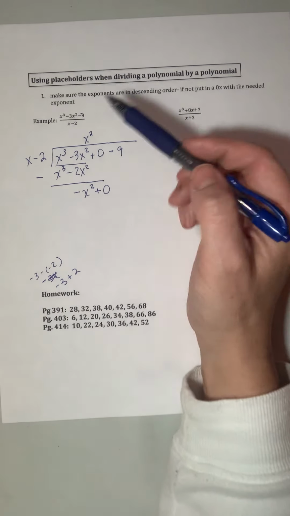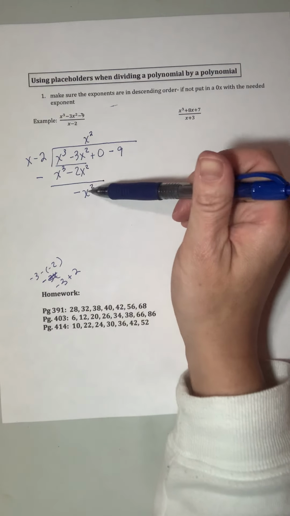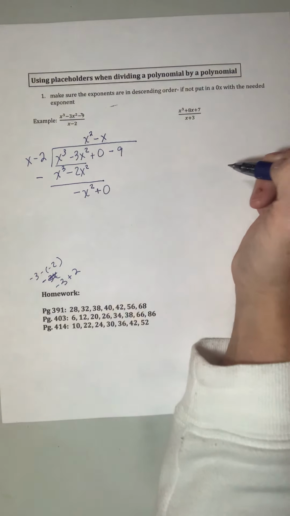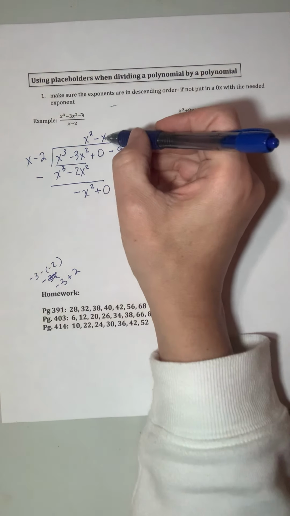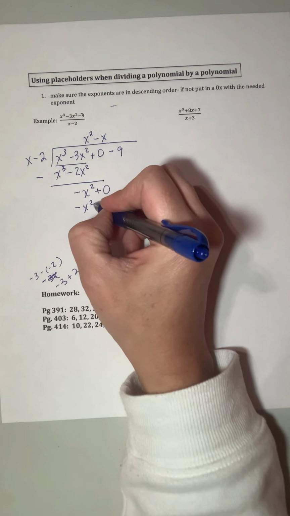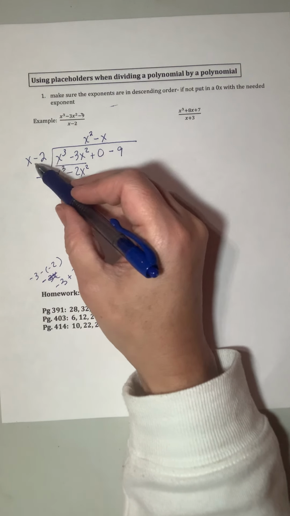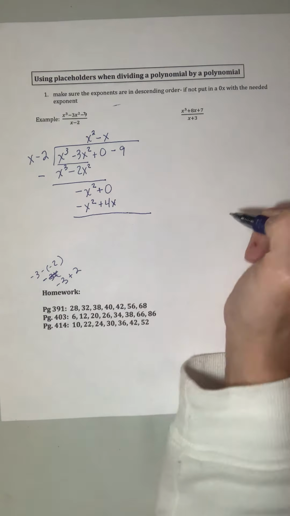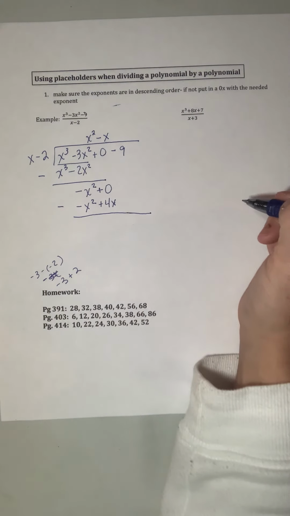What am I going to multiply by x to get negative x^2? That would be negative x. Negative x times x is negative x^2. Negative x times negative 2 is positive 4x. And this is a subtraction problem.